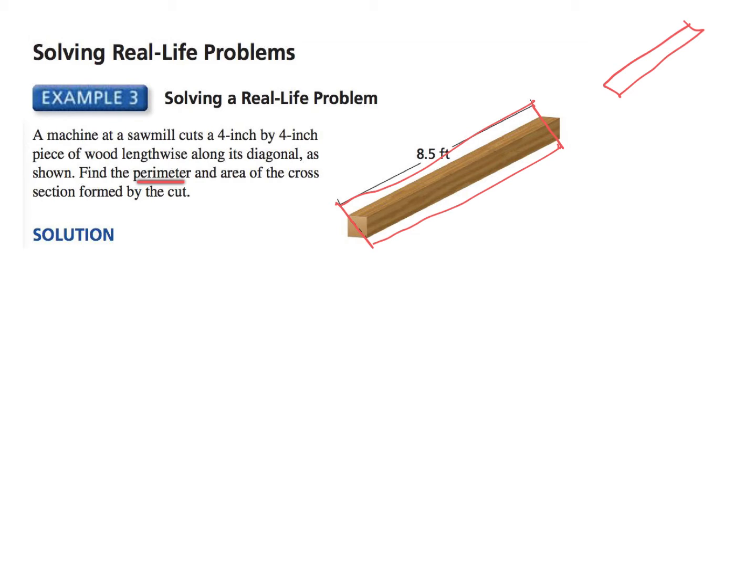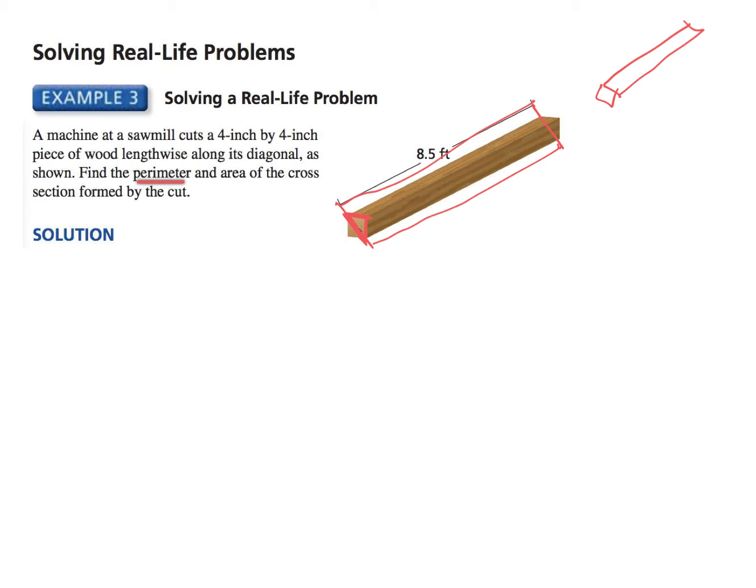So we see 8.5 feet to be the length of this rectangle. We know that this and this is a 4x4, but we don't know what that diagonal piece cuts into because that's going to be our actual length for our cross section.